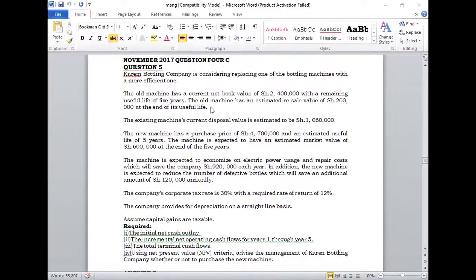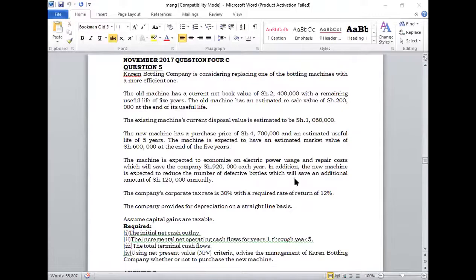The old machine has an estimated resale value of 200,000 at the end of its useful life. Now, most importantly, they are telling us that should we want to sell this existing machine today, the existing machine's current disposal value is estimated to be 160,000.